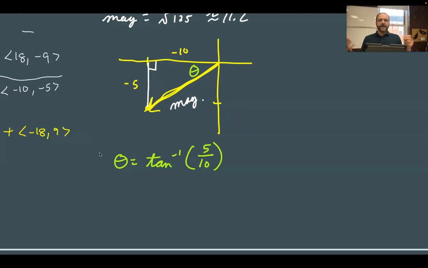And yes, I'm just going to write 5 tenths instead of negative 5 over negative 10, because come on, really, a negative divided by negative? If I do that in my calculator, I'm going to get around 26.6 degrees, and that is not my direction. Because the 26.6 degrees is the angle inside this reference triangle of the vector.